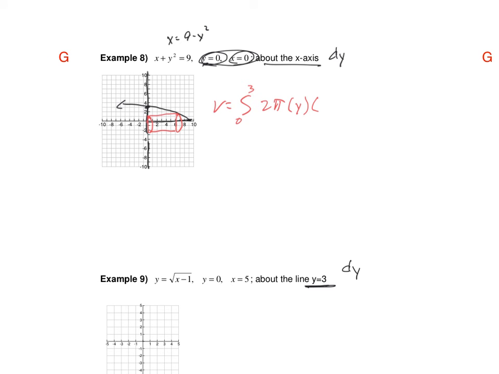So then I'm going to have my 9 minus y squared, and then dy, right? If I take this representative slice, it's going to create the mirror image. If you took the bottom in quadrant 4, you're going to have the same result in the end.